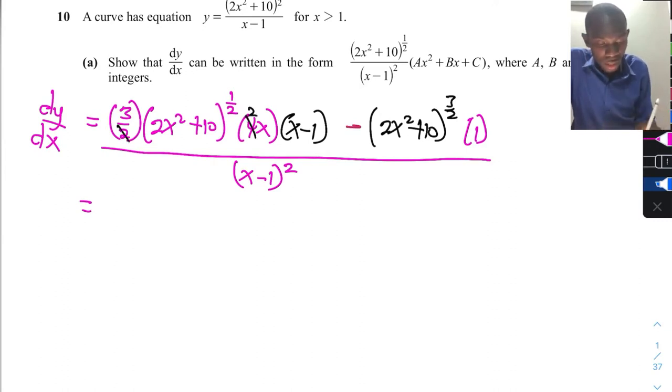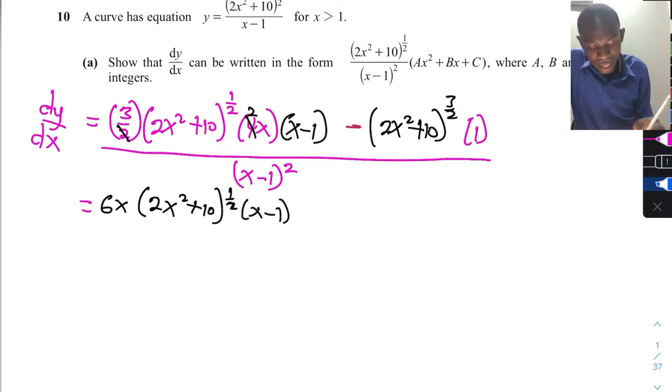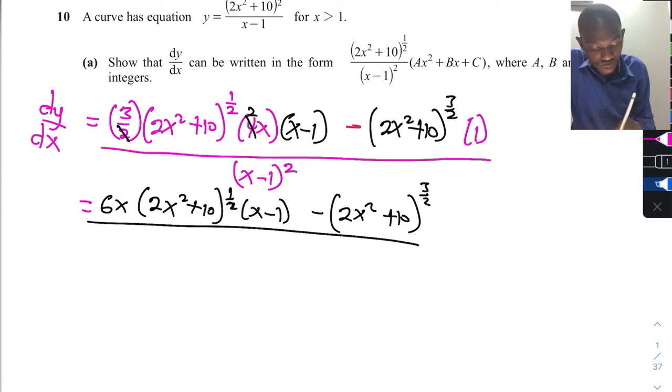Now we check this. This will cancel this here twice, so you have 6x into bracket 2x squared plus 10 to the power half. Then you have x minus 1 here. Then you have this guy, 2x squared plus 10, and then you have 3 on 2, all over x minus 1 all squared.